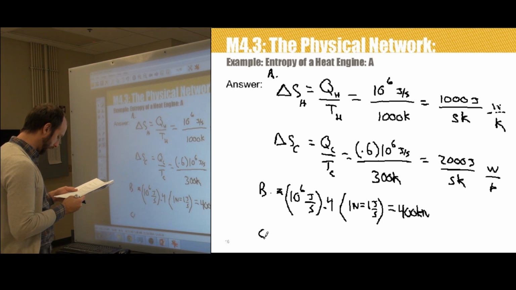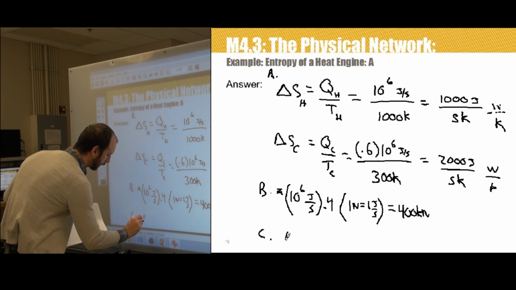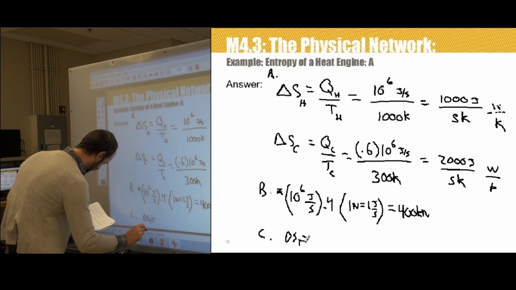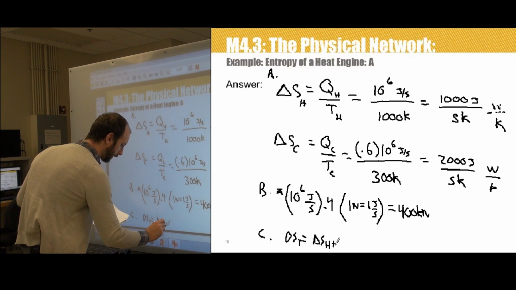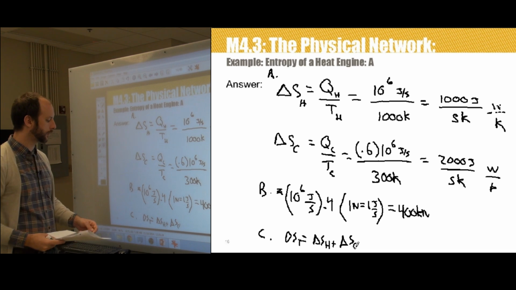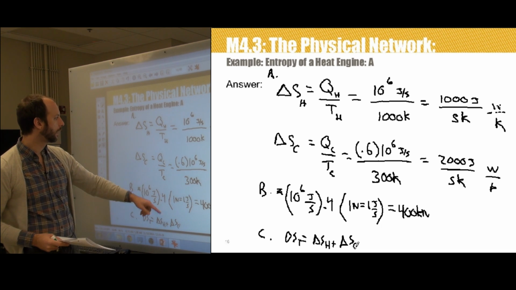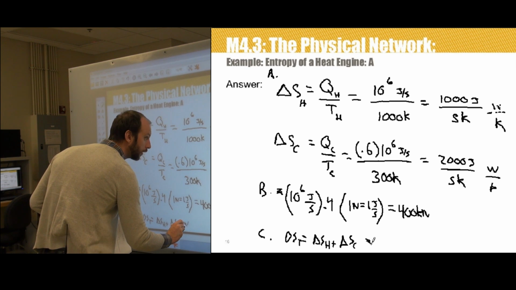of the system. The total entropy gain of the system is going to be delta S total is equal to delta S of the hot plus delta S of the cold. So from a system perspective, remember the hot reservoir lost entropy, so that's minus 1,000 watts per Kelvin.